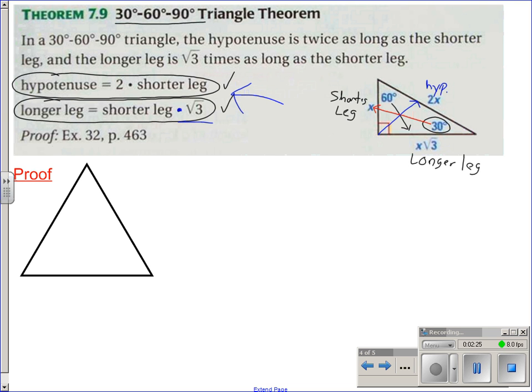So, where that comes from. If you start with an equilateral triangle, so all the sides are the same, all the angles are 60 degrees.